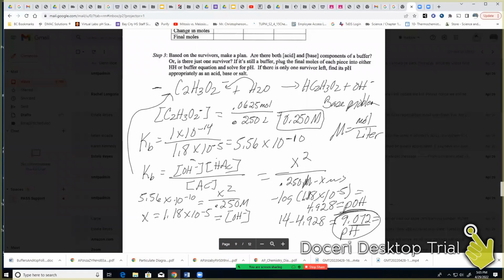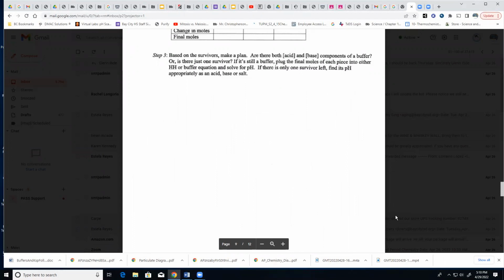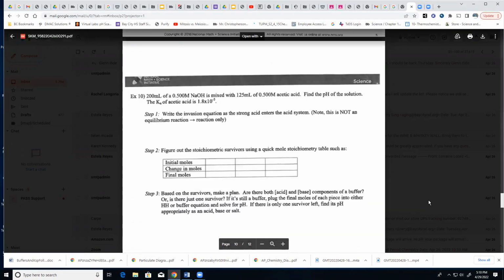So that is why I have 3 sig figs right here. All right, so that is an example when you have some salt left over, which is really more work than if you would have had some hydroxide left over, or if it was a different type of reaction, some acid left over. All right, so let's flip over to the back and get that one done pretty quick.